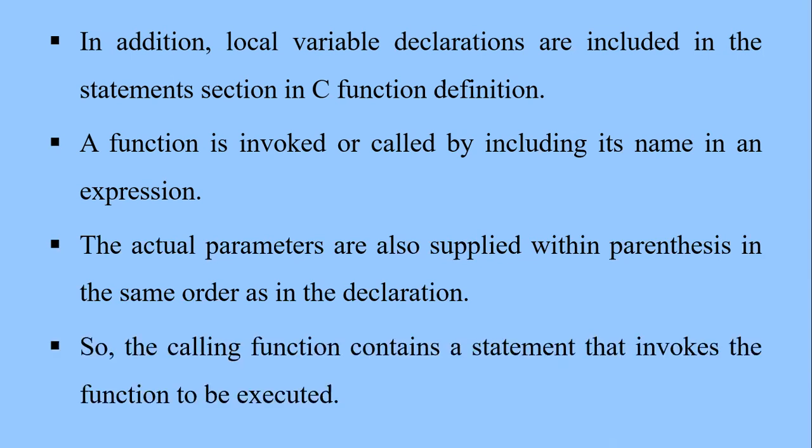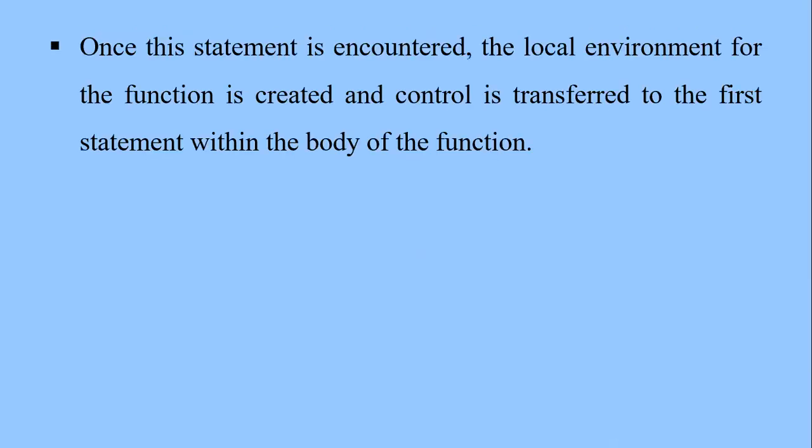The calling function contains a statement that invokes the function to be executed. Once this statement is encountered, the local environment for the function is created and control is transferred to the first statement within the body of the function.